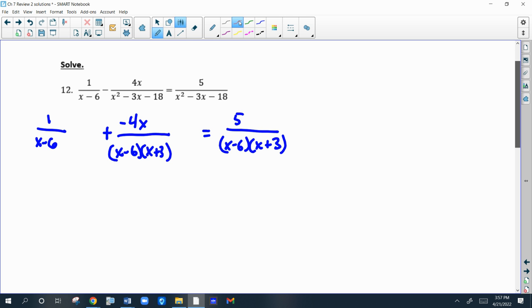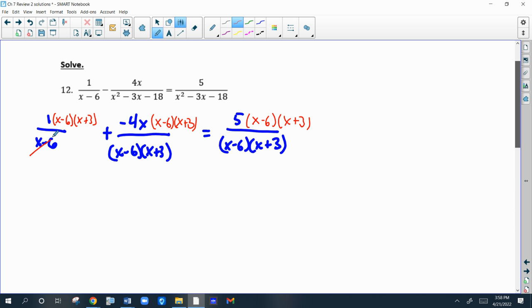So if you look at the common denominator, you have an x minus 6 and an x plus 3. So multiply both sides, or every single numerator, by x minus 6, x plus 3, the least common denominator. And then cancel out all the denominators.